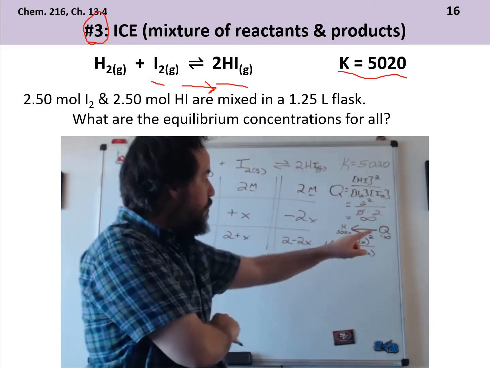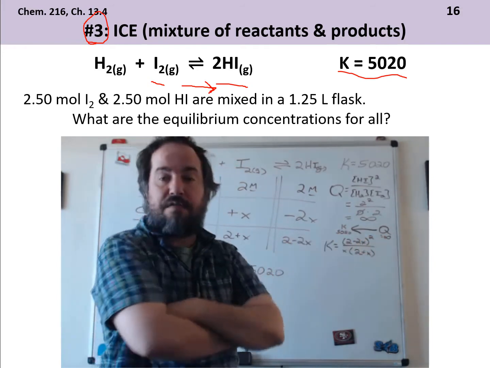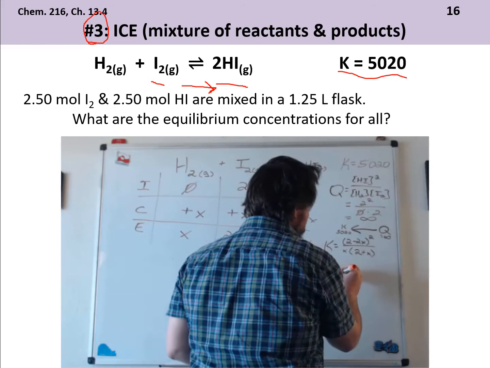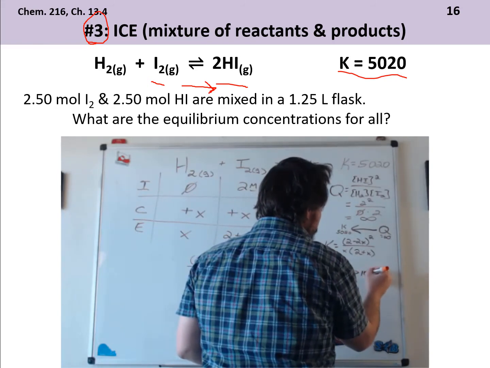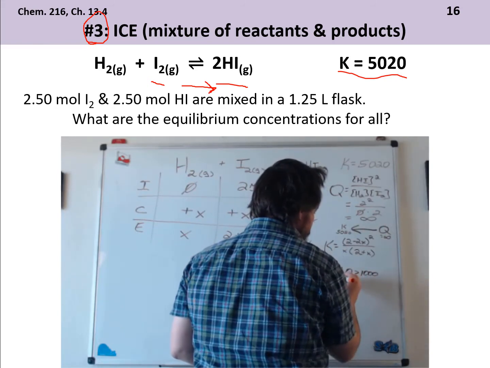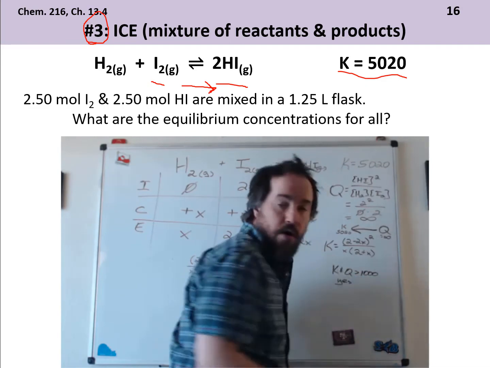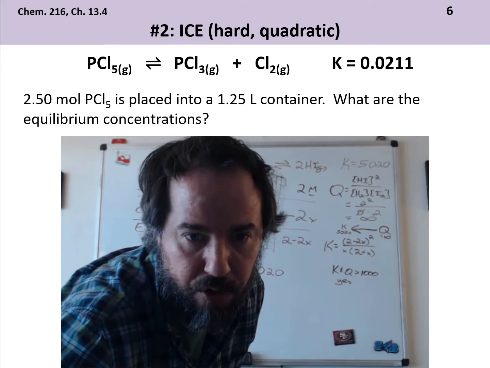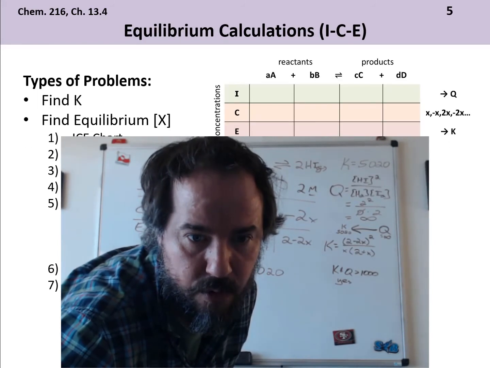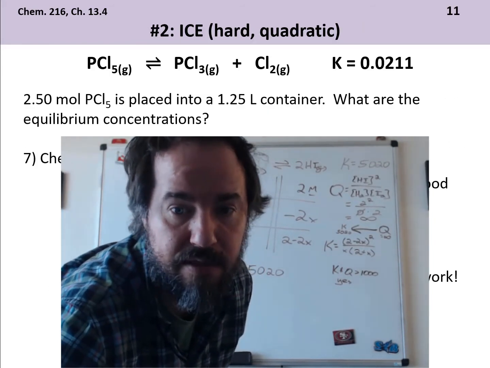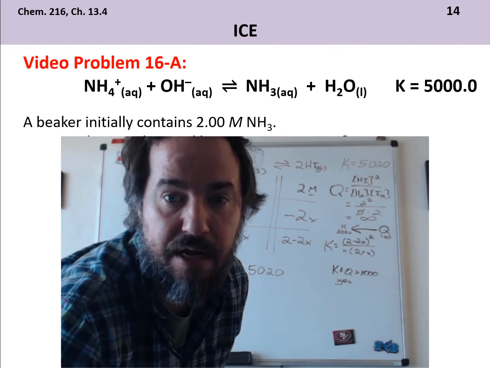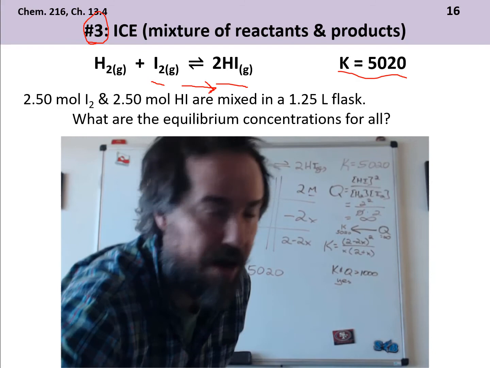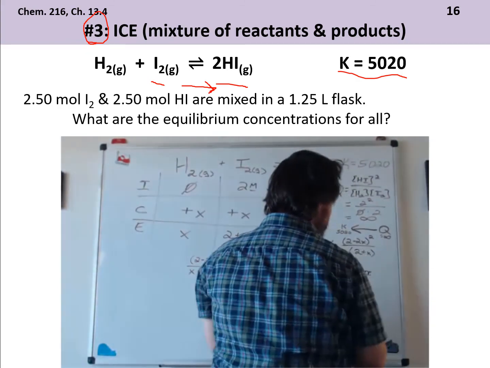Well, let's look at our Q. Our Q is infinity, our K is 5,020. Are both these larger than 1,000? Yes. Actually, are they both larger than 100? Yes, and therefore we can do the assumption.